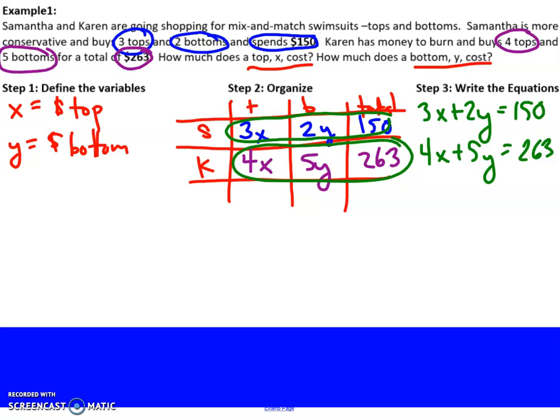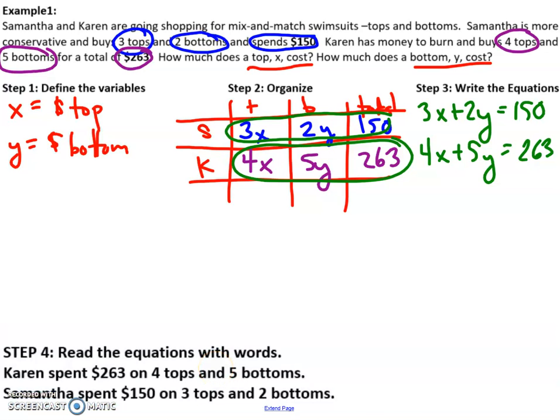Okay. The last thing I want to do is go back and look at those equations with context for my problem. So you can see at the bottom, I wrote what this would mean. If I look at Karen's equation with the 263, it means Karen spent $263 on 4 tops, X is the cost of the tops, and 5 bottoms. Y is the cost of the bottoms.